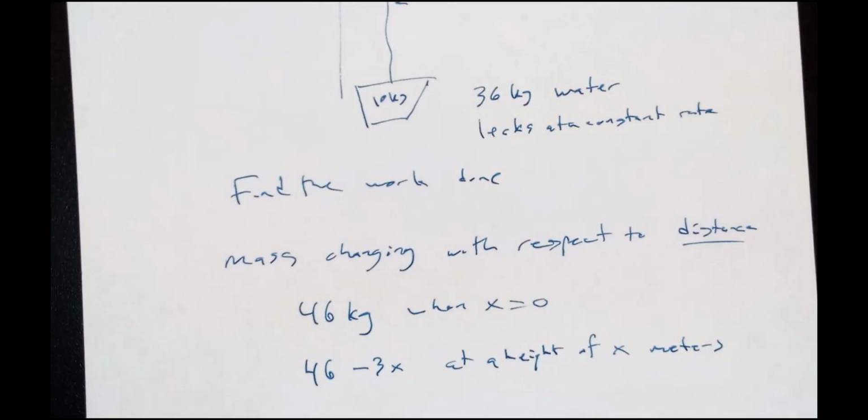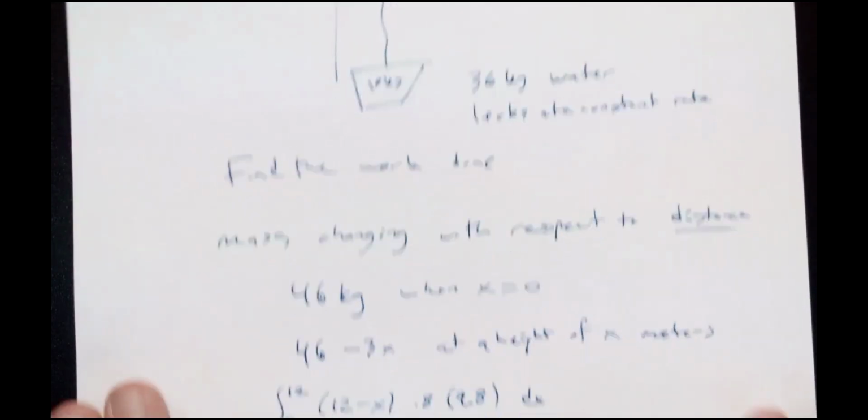Okay. I have the mass of the rope in the first integral. I want force, I should multiply by 9.8. So in this upper integral, the integral from 0 to 12 of 12 minus x times 0.8, there's gravity for my force dx. There's my rope.